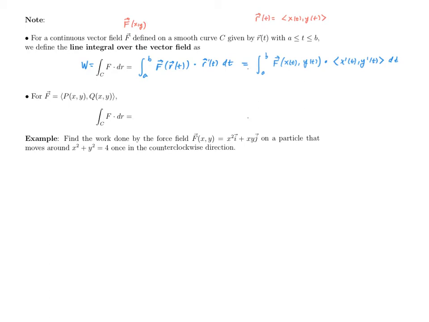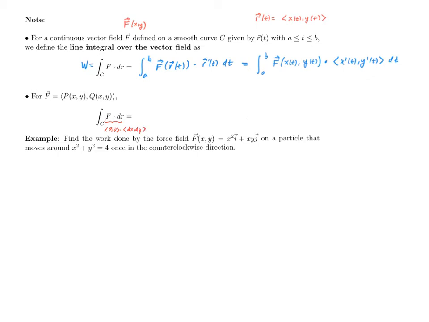Another observation I would like to make is that we can relate a line integral over a vector field back to our previous topic. If the vector field f is made up of a first component p and a second component q, then this quantity we are integrating is given by f dotted with dr, which we might think of as dx, dy.